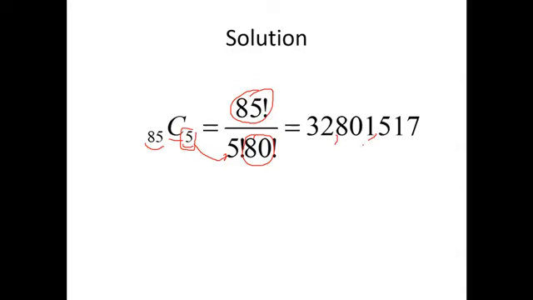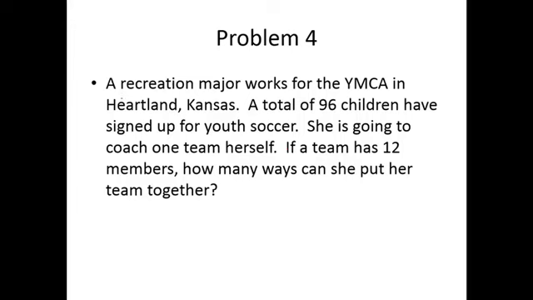Your calculator might actually kick to exponential on this, and if it does, that's okay. Problem 4. A recreation major works for the YMCA in Heartland, Kansas. A total of 96 children have been signed up for youth soccer. She is going to coach one team herself.